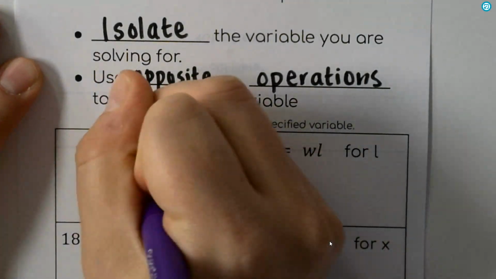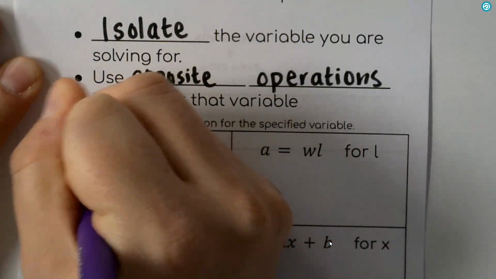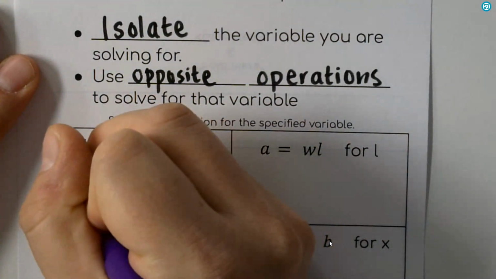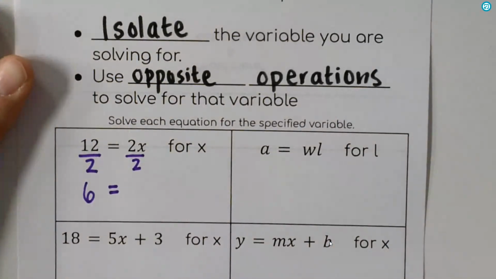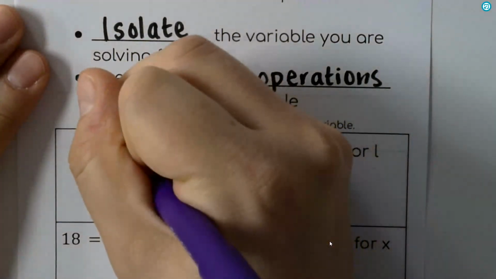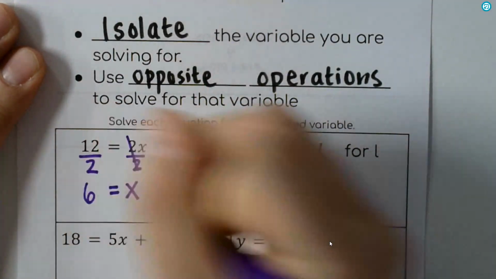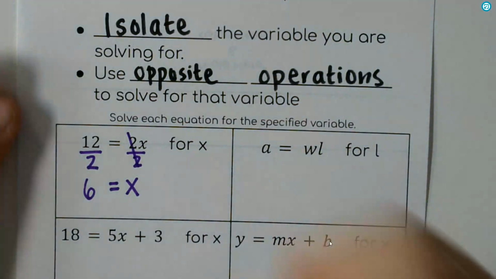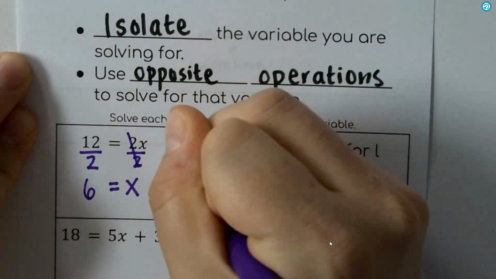We're going to divide both sides by 2. 12 divided by 2 is 6. And then 2 over 2 cancels out, so we just have our x. Anytime we solve and we end up with what we're solving for on the right, we want to flip it around at the end. So flip it around and x equals 6.